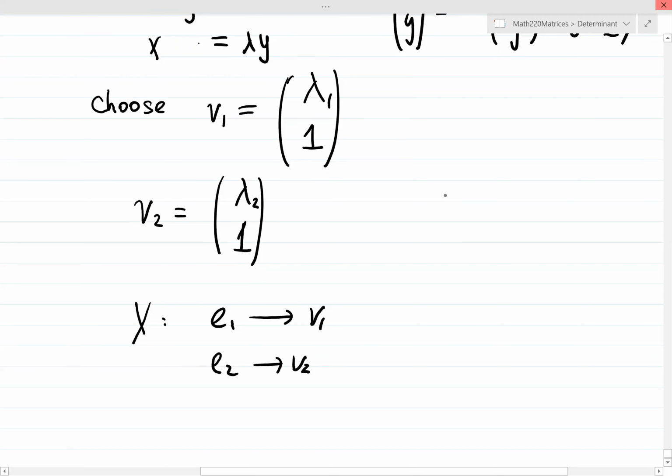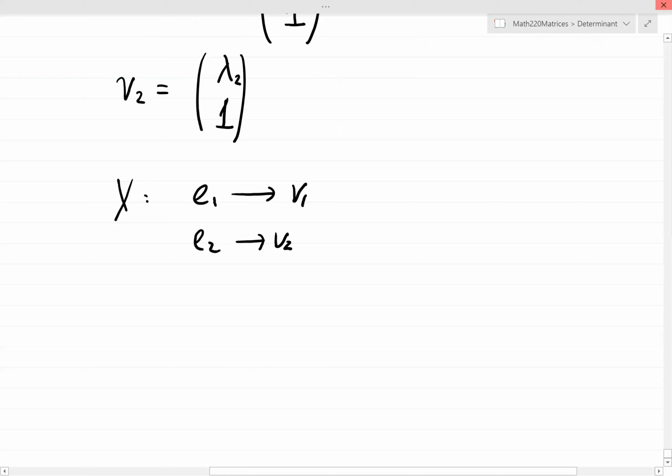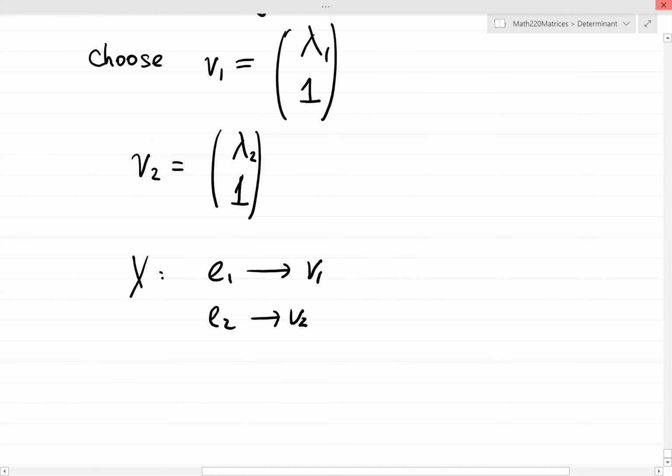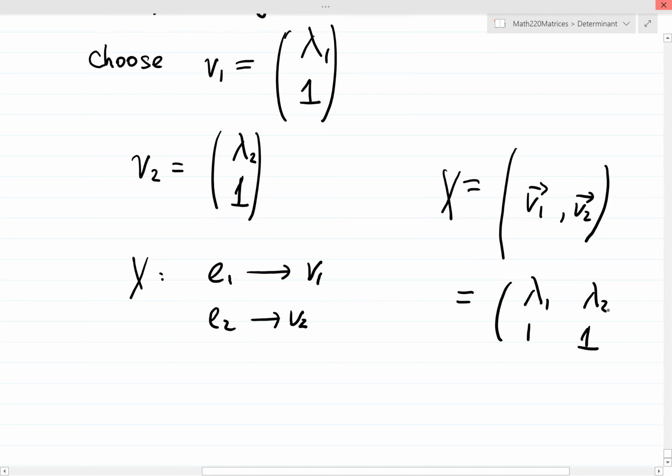The output of E1 is the first column of X, so we can construct X by writing it as columns V1, V2. V1 is (lambda 1, 1), V2 is (lambda 2, 1). So this is X.